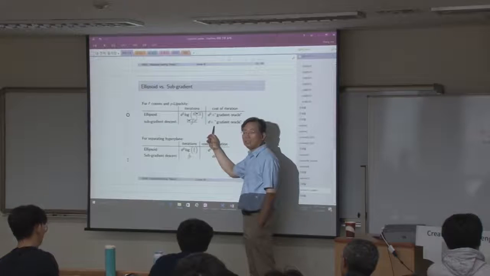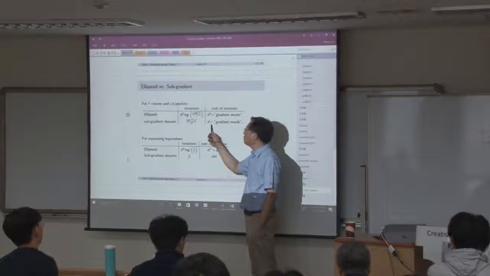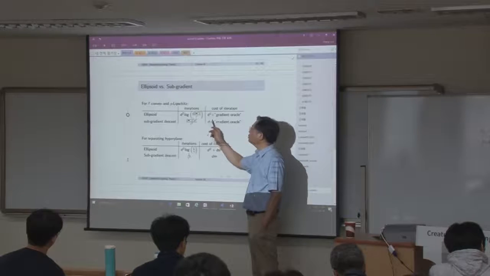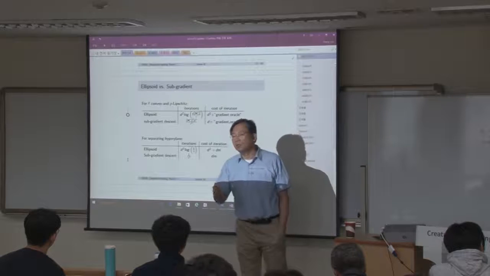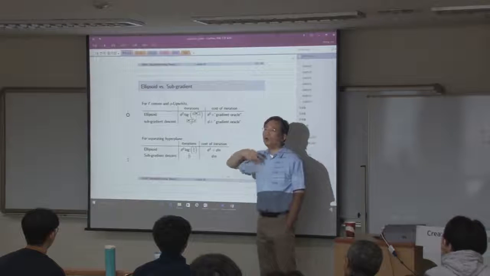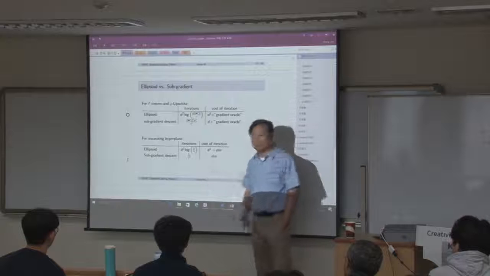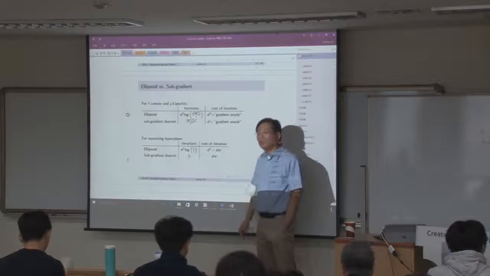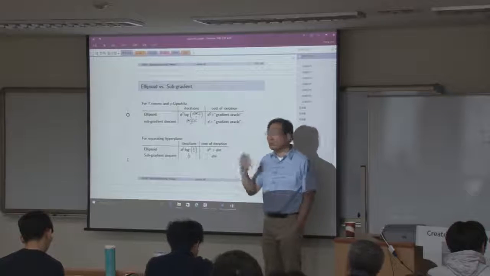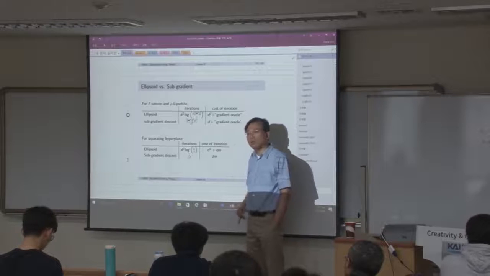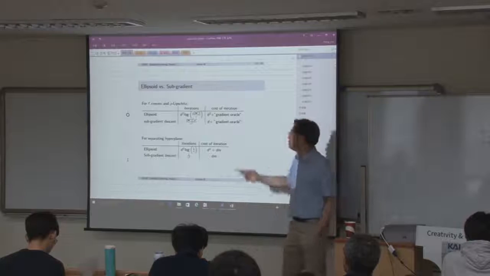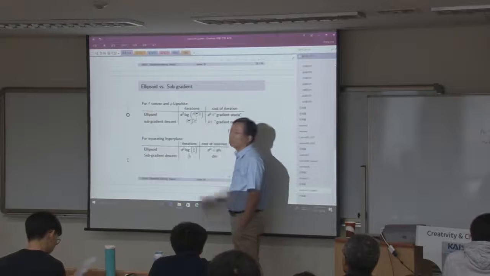Why would you require D? D is, by the way, the dimension of the data. Why? This is sort of the computation. Subgradient, and you assume that you know what the gradients are. Because you have to add two numbers of n dimension. So that would take about n order. Whereas for ellipsoid, if you look at the computation, it's much more complex. Not much more, but d squared.